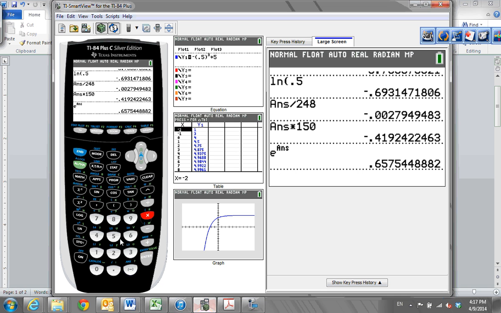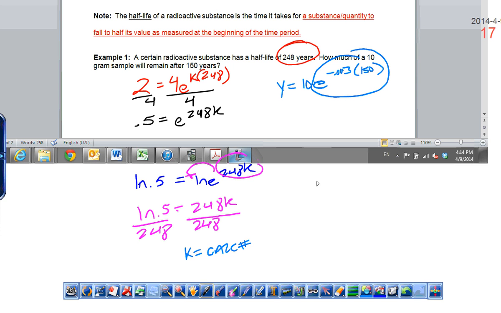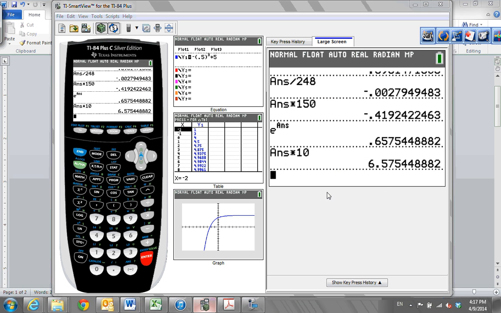So times 10. So my answer is 6.576 grams. After 150 years, we get that amount.